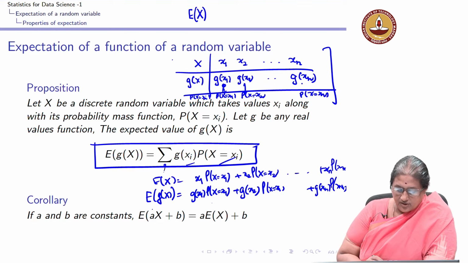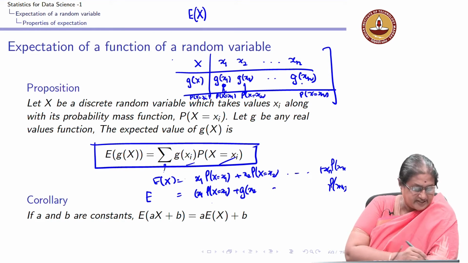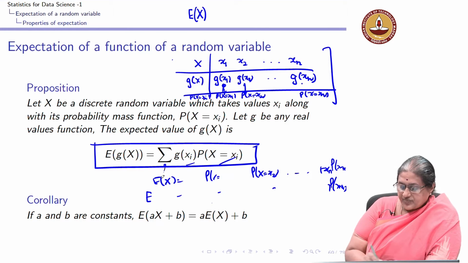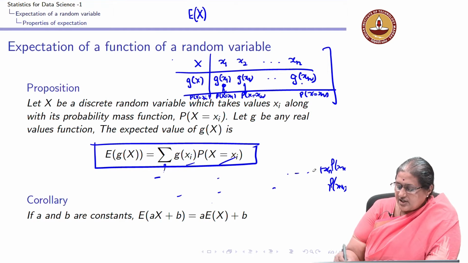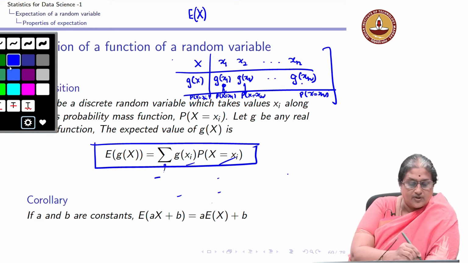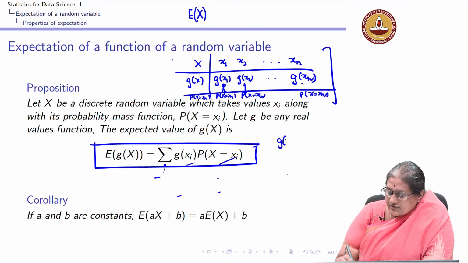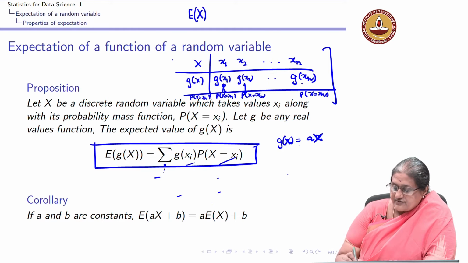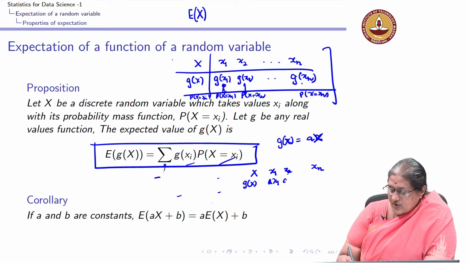As a natural corollary, suppose I have g of x as a constant times x. Suppose g of x is just a constant times x. Then, again, let x take the values x1, x2, xn. g of x is going to be ax1, ax2, axn.